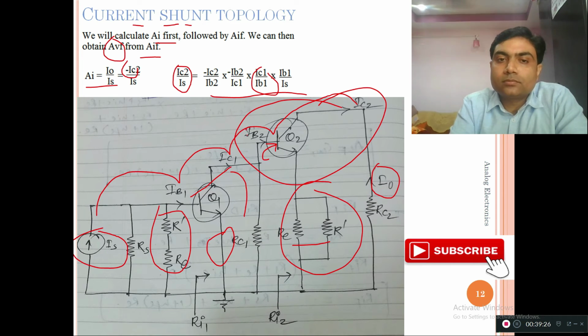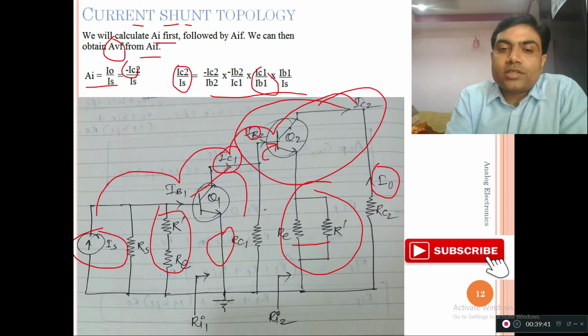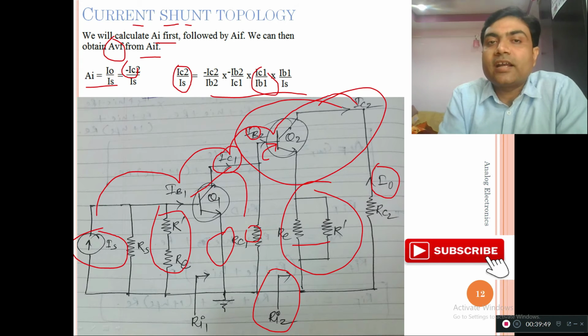So this is IB2, and this is IC1. So IB2 in terms of IC1; the source current is IC1. And we know that in the current division rule, the opposite resistance is preferred. So which is the opposite resistance? Here is RC1, this is the first resistance, and we cannot forget that the second resistance is present over here, that is RI2.